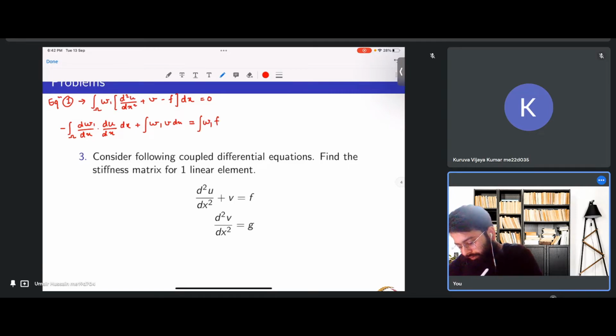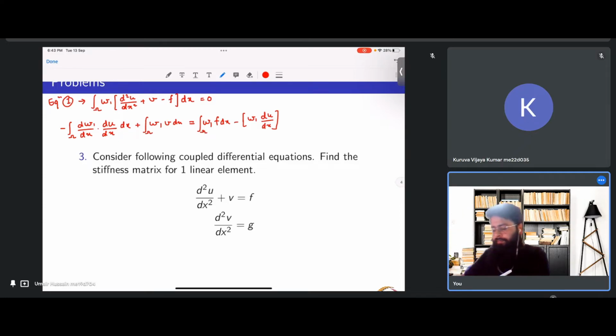W1 f here, plus, x plus we'll get minus here. So whatever it is.